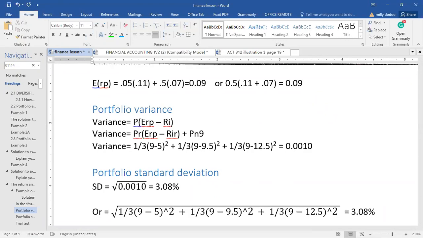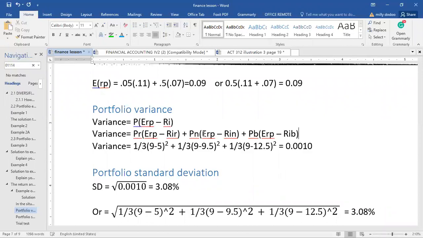Bracket open, the expected portfolio return minus the required return of normal, plus probability of boom, bracket open, the expected portfolio return minus the required return of boom.